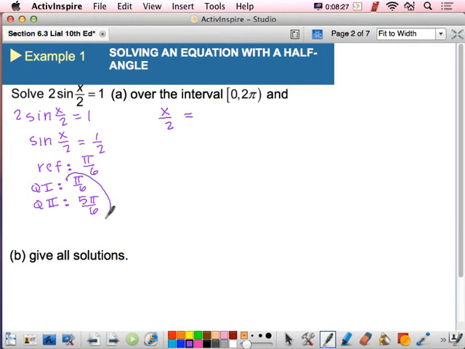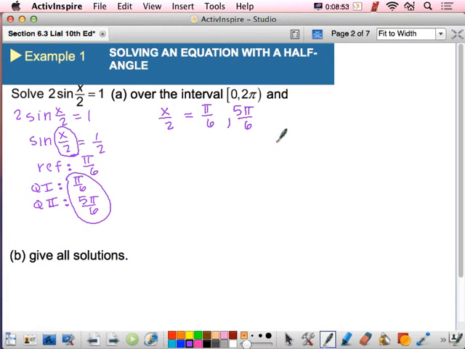Okay, so it's not that x equals pi over 6 and 5 pi over 6. It's that my angle equals that. So it's x over 2 equals pi over 6 and 5 pi over 6. And so really, I should divide both sides by 1/2 at this point, because those are angles, that's not what x equals. That's what my angle equals, which is my 1/2 x. So dividing by 1/2 is the same as multiplying everybody by 2.